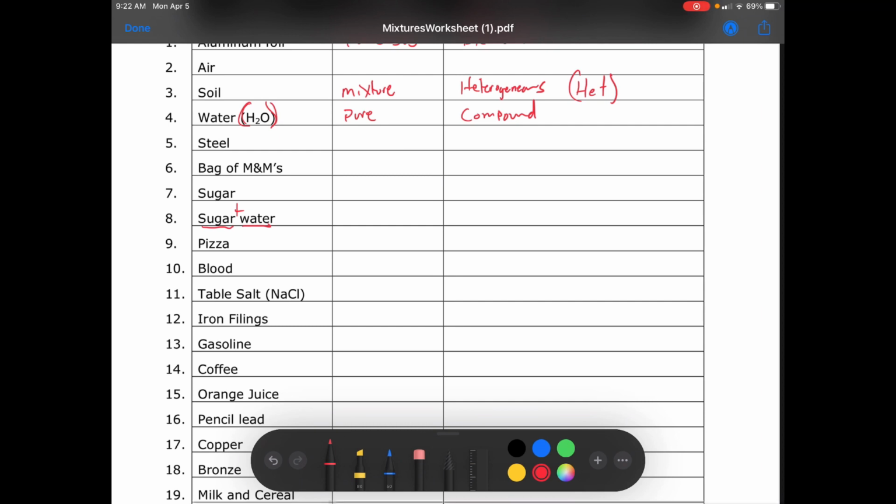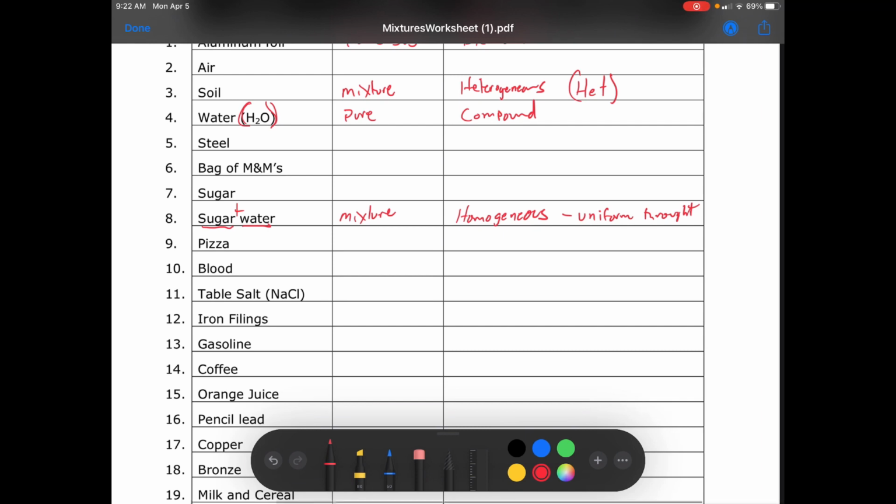Sugar water is actually a mixture, and it is a homogeneous mixture, because you can see that it is uniform throughout.